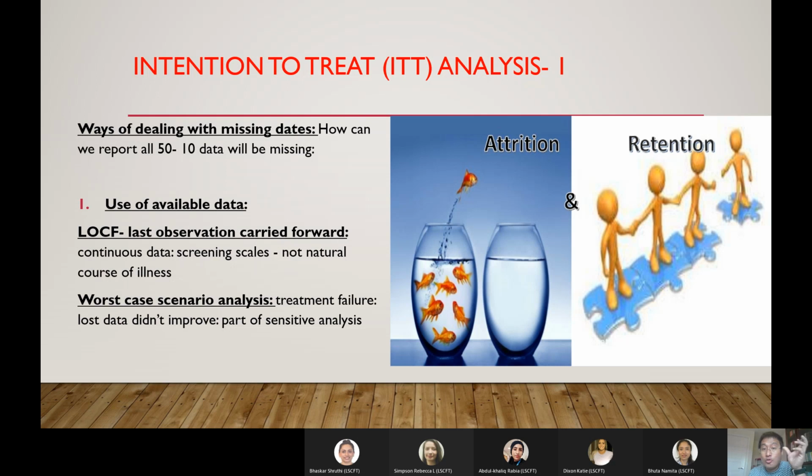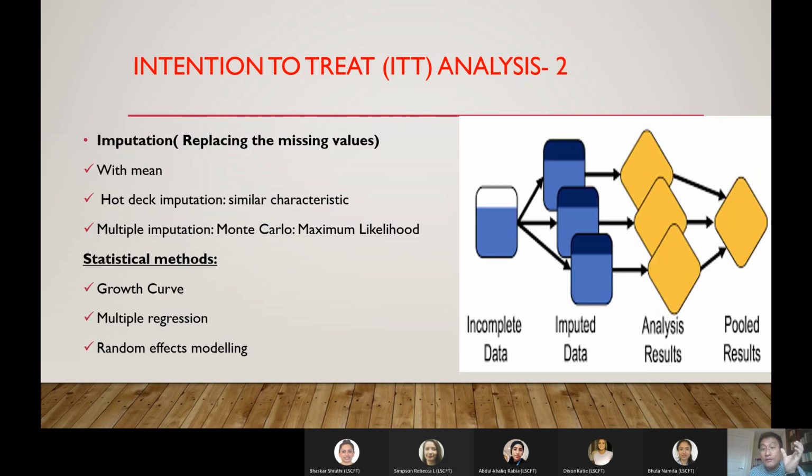But if they mention something about treatment failure, it is worst case scenario analysis. If they said that they replace the missing data, it will be imputation. If they say multiple imputation, the answer would be Monte Carlo. If they ask what kind of statistical method, and if they give a graph, one of these three will be the options.